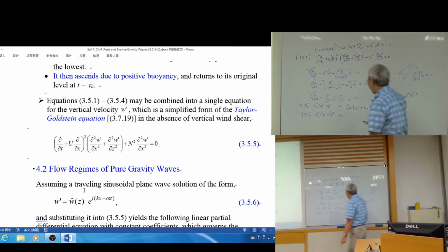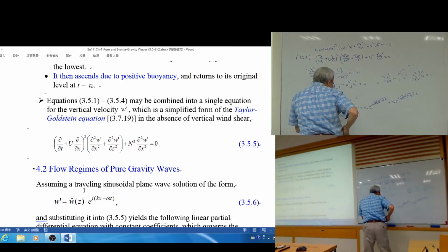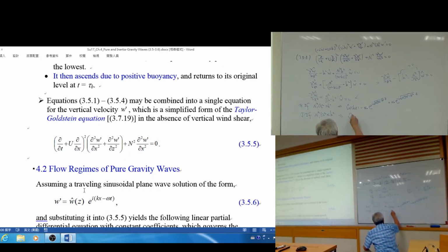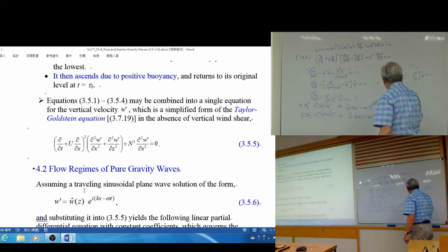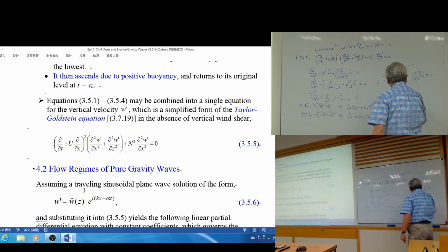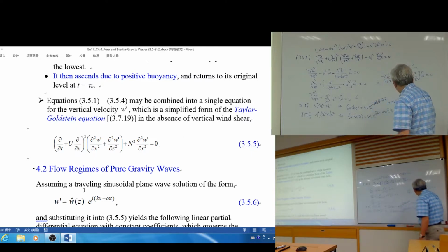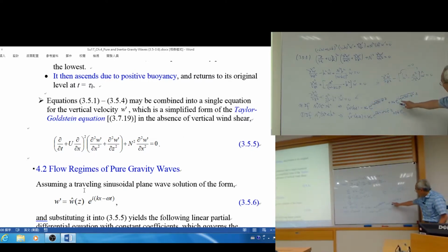This one will have the solution w hat of k, z equals W naught e to the square root of (k squared minus N squared over Omega squared) times z, plus W naught e to the negative square root of (k squared minus N squared over Omega squared) times z. No i, like this. Here has i, here doesn't have i.